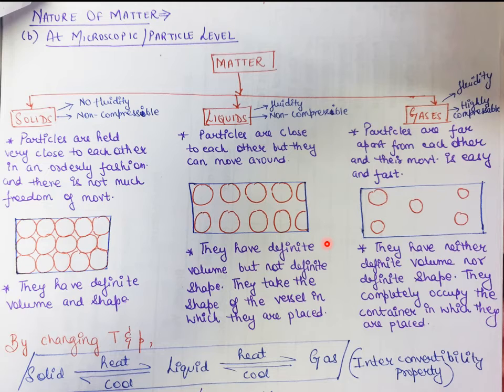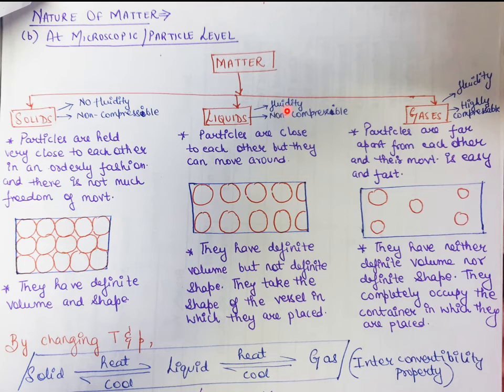If the same 1 liter of liquid water is kept in a jar, it will take the shape of the jar. All right. So the liquids have a definite volume. It was 1 liter, so volume is definite, but the shape changes. The liquids take the shape of the jar in which they are kept.